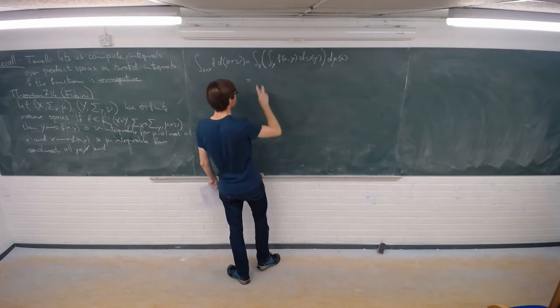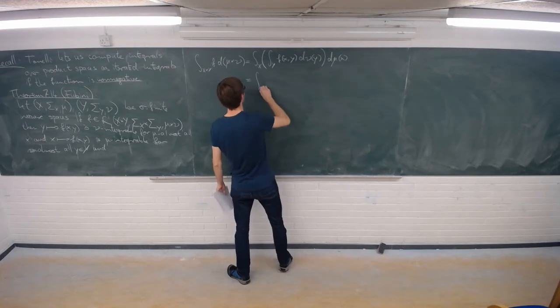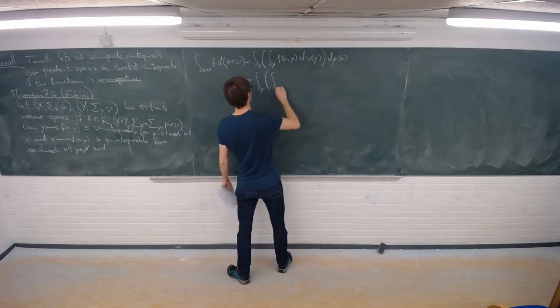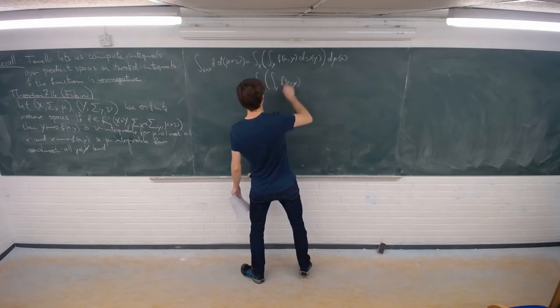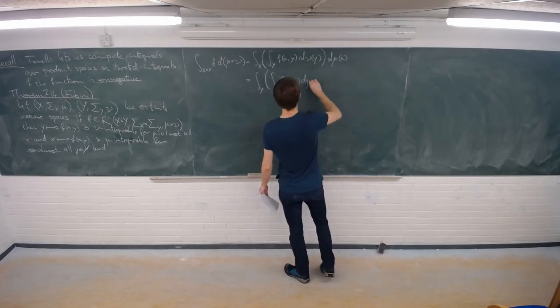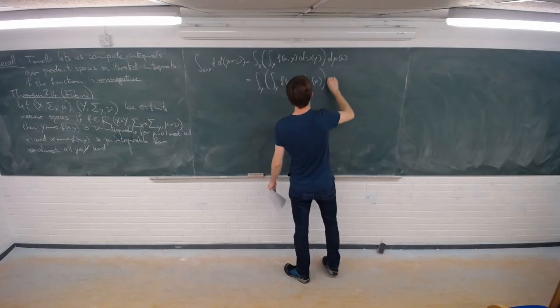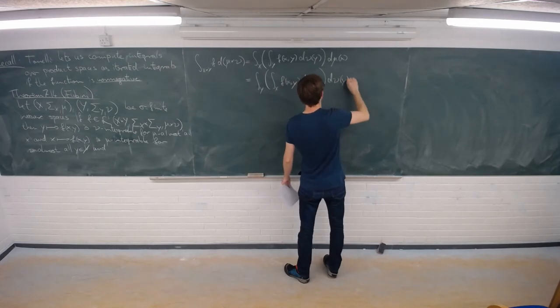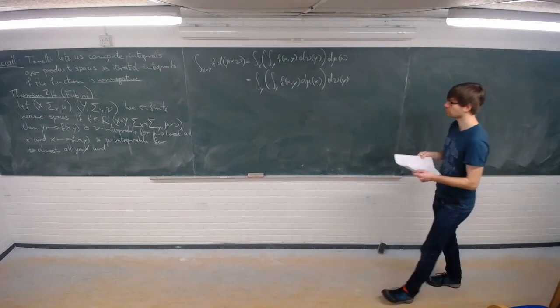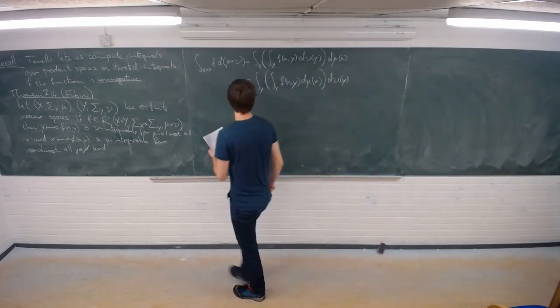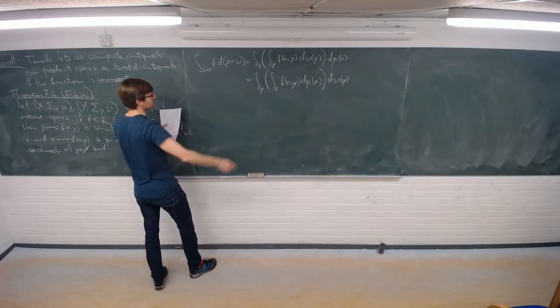And we can also swap the integral. So this is the same as the integral over Y, integral over X, f(x, y) dμ(x) dν(y). And all the integrals are well defined.